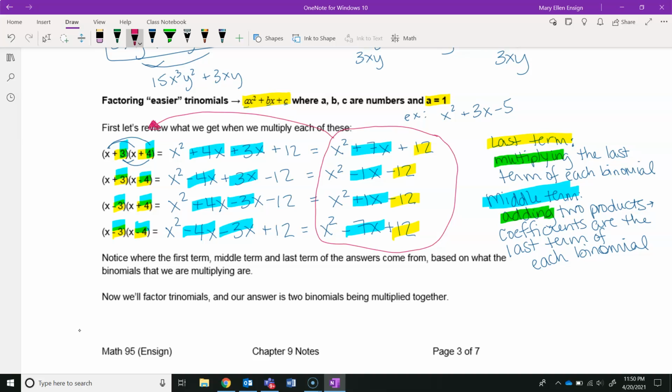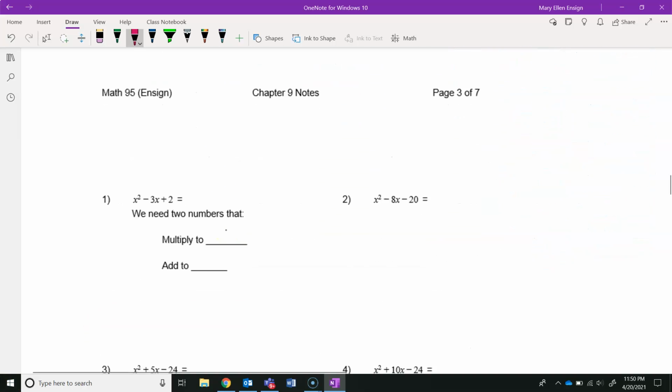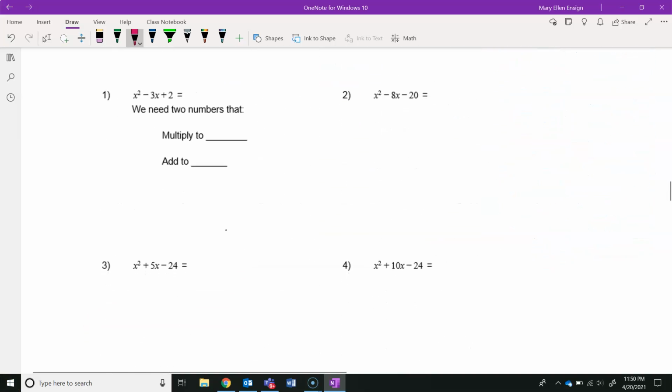Okay, so that's why we need to do this. We are given this trinomial and we have to act like a detective to figure out what the binomials, what those factors are. Okay, so let's go ahead and try a little bit of this.